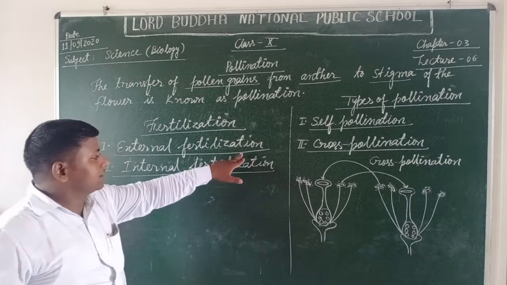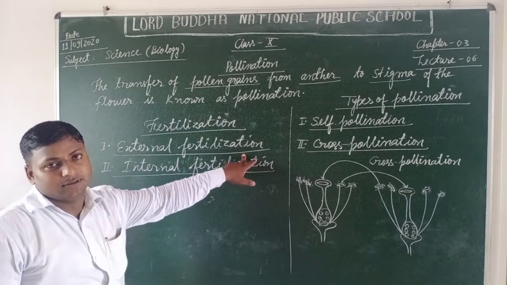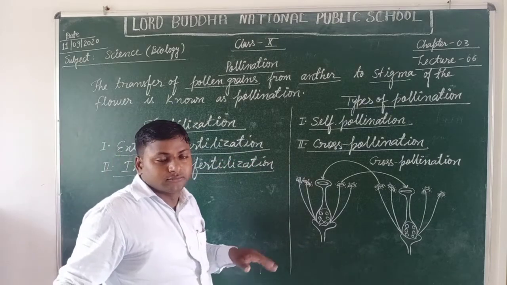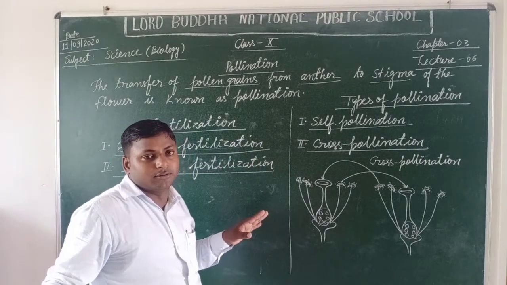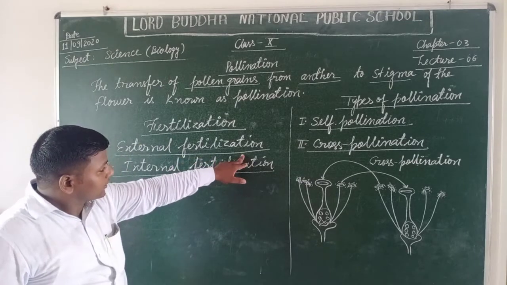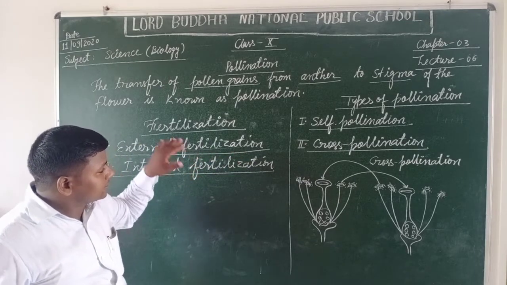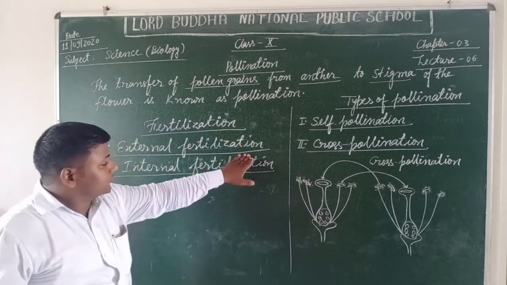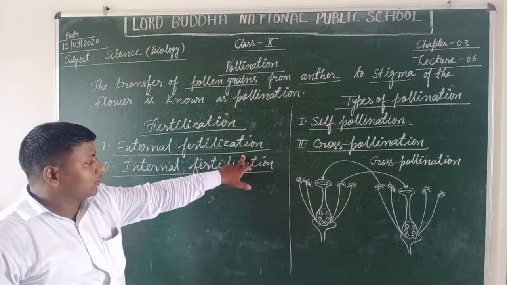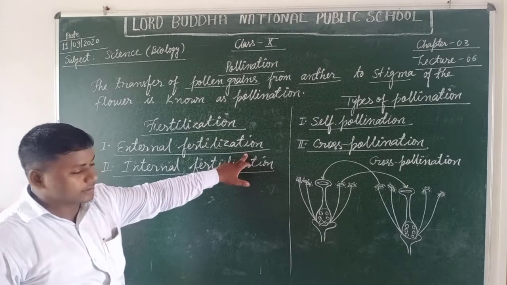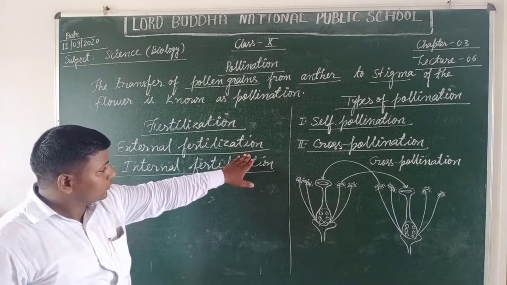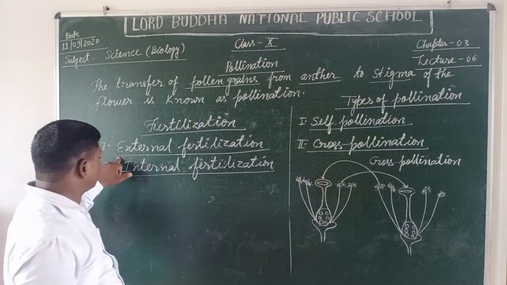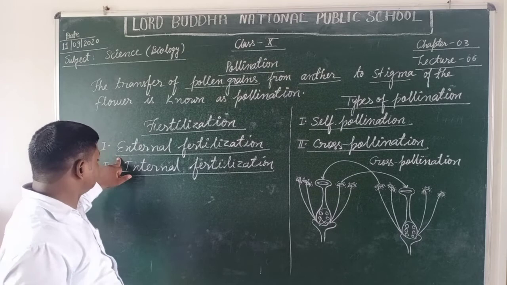This type of fertilization also takes place in animals like the frog. In the life cycle of the frog, the female lays eggs on the surface of the water, and the further developmental process takes place inside the water. Such a type of fertilization is said to be external fertilization.